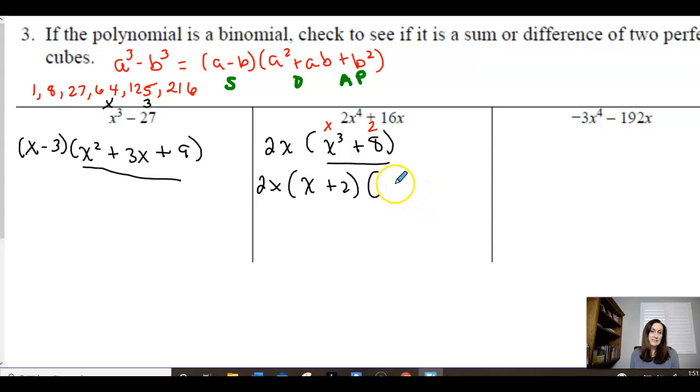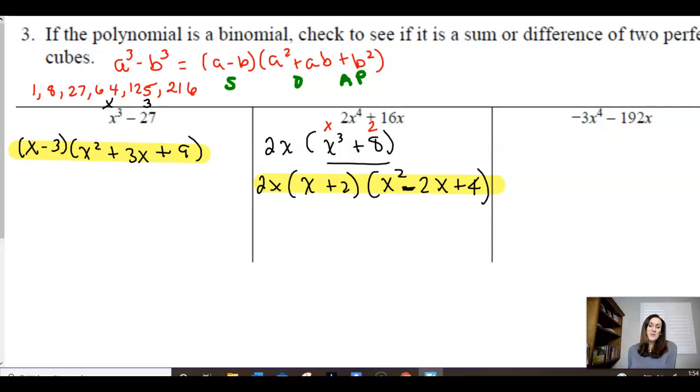Then you have a squared. So x squared, minus a times b, which is 2x. So there's your 2x. So subtract 2x, and then you do plus b squared, and b squared is going to give you 4. And there's your factors.